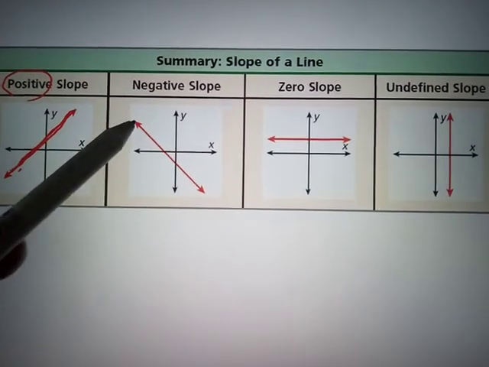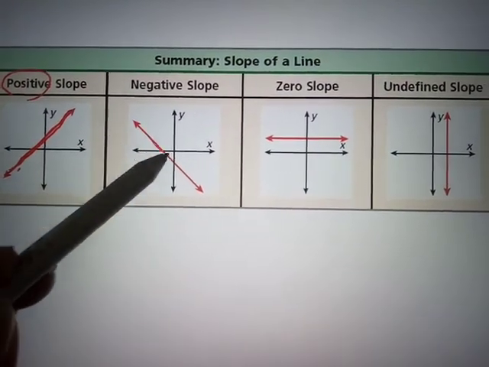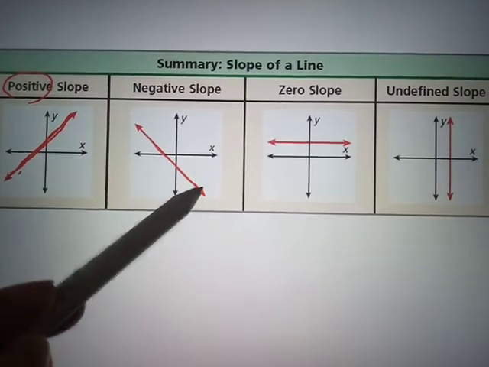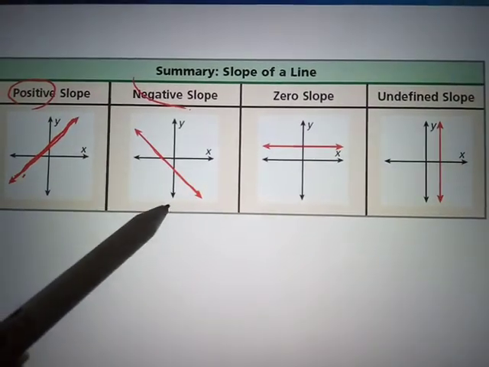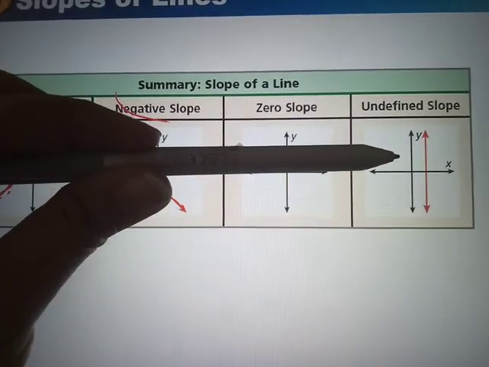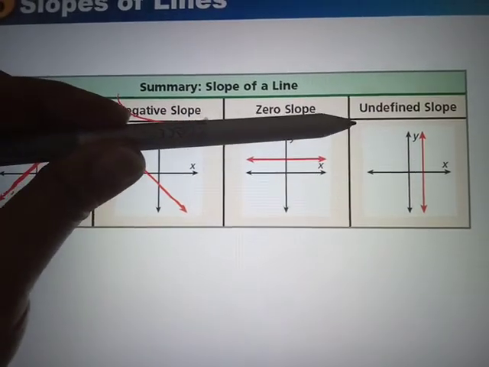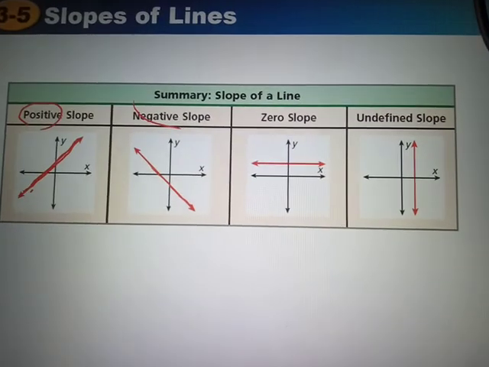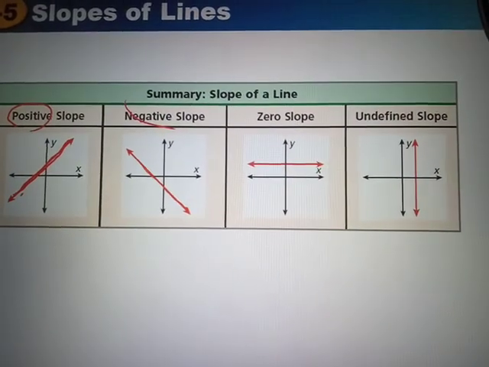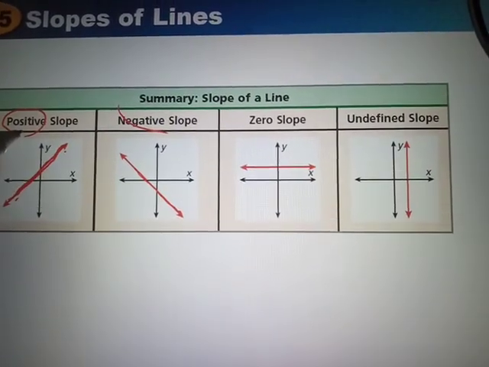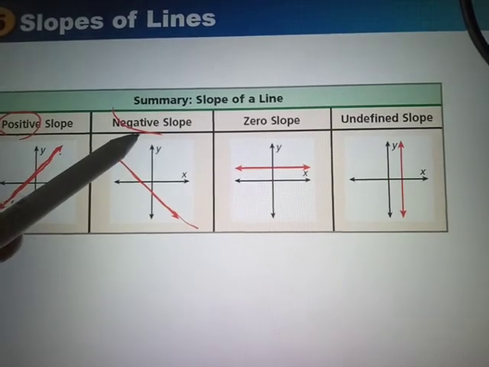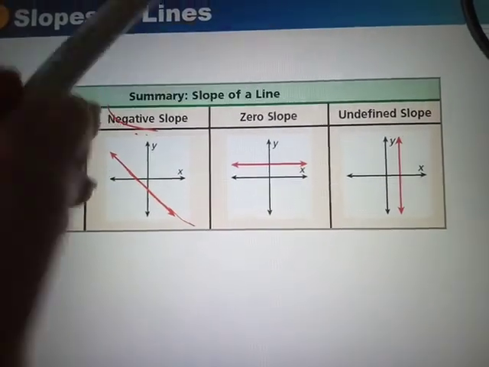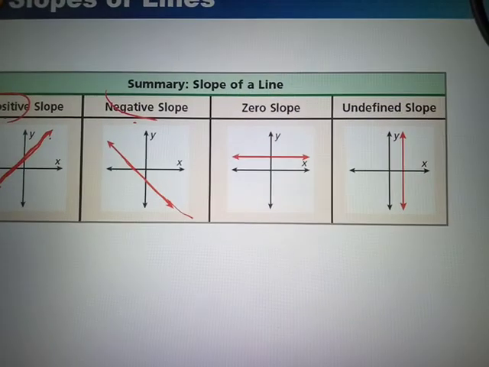If the line from left to right is falling down, it's a negative slope. Any horizontal line, the slope will be 0. Any vertical line, the slope will be undefined. It's very important. So go up, it's positive. Go down, it's negative. Horizontal 0, vertical line undefined.